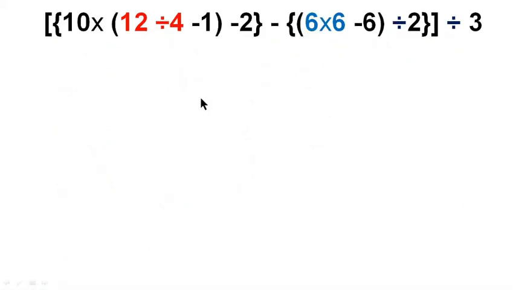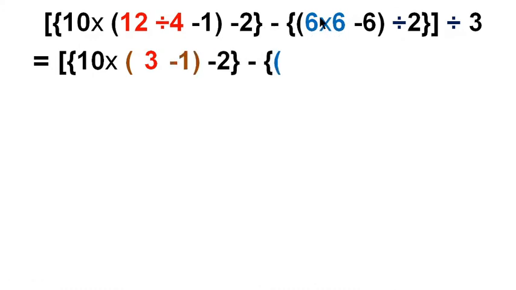This one is a long simplification, but it's not tough or difficult. It's very easy. Just solve the first bracket, division. If we divide 12 by 4, we can get 3, and all these will be written here, and here we will multiply 6 and 6. 6 6s are 36, and minus 6 or all these will be written here same.